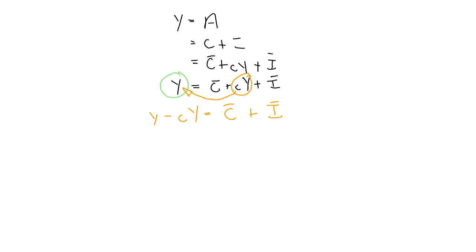When we do some factorization around this, we then have Y times 1 minus C, which is still equal to C bar plus I bar. But in order to isolate Y once again, we then have to multiply by 1 over 1 minus C. And we have to do this on both sides. As a result, these two cancel.